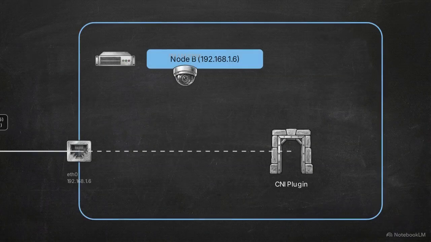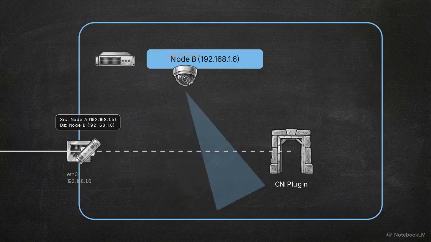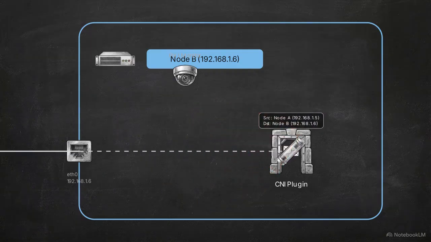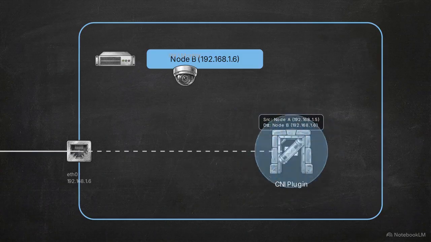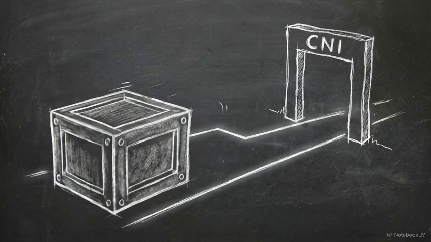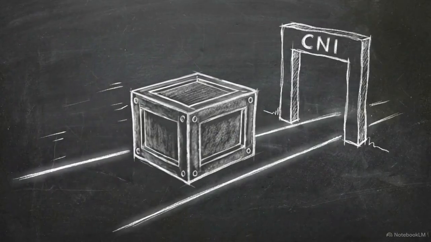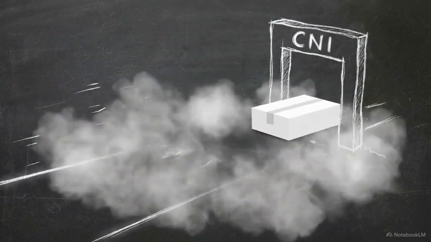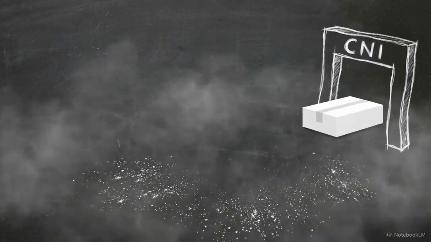The UDP packet arrives at the physical Ethernet port of the destination server. The receiving node's CNI plugin monitors a specific port and intercepts the incoming VXLAN envelope. It executes the decapsulation process. The plugin strips away the outer UDP envelope, discarding the physical IP headers to reveal the inner pod-to-pod packet.